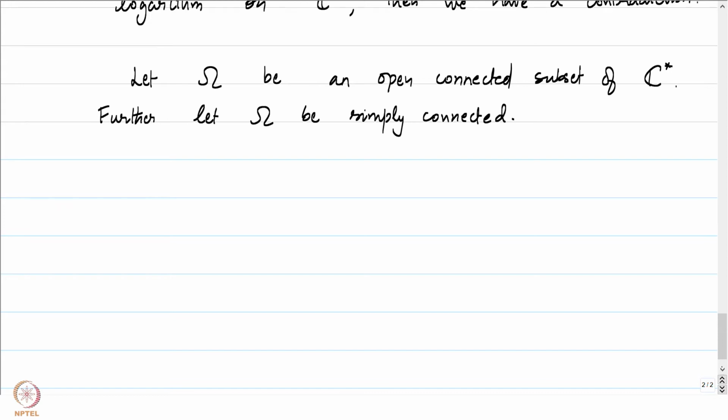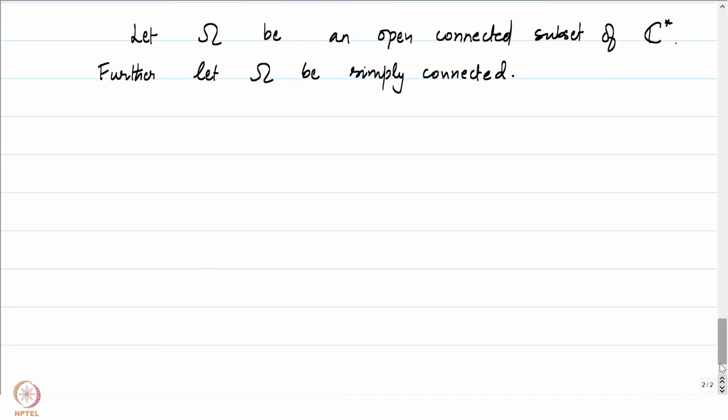Now let's see whether we can say anything about the existence of a holomorphic branch. We will come to all that later, but before we even talk about the exponential function or the branch of the complex logarithm which is holomorphic, let's focus just on omega and the function 1 by z.